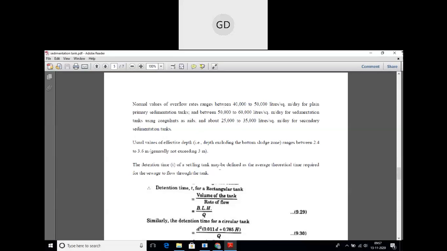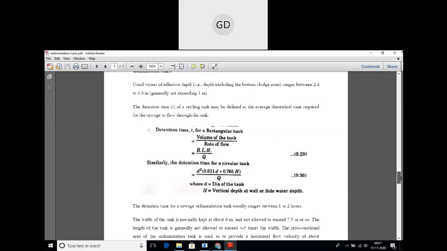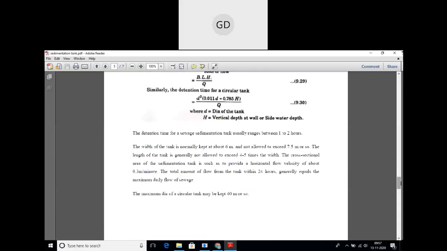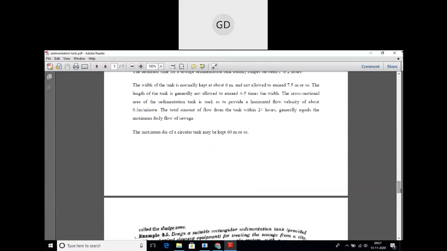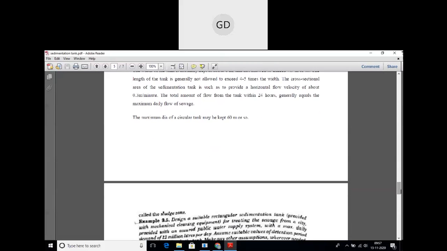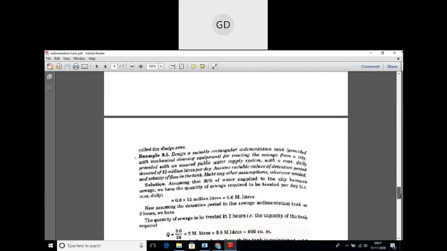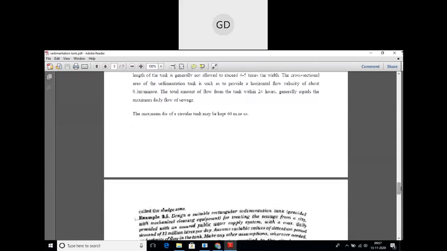Everything needed for designing a problem is written here. You need to go through this before solving your numerical problem, but now let me continue with the numerical problem. Later you can go through all this.